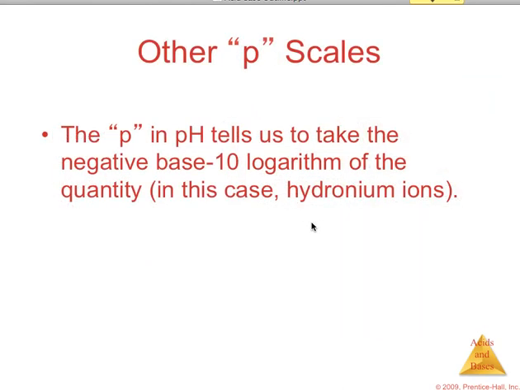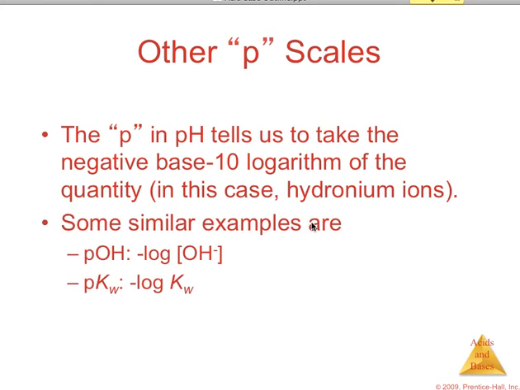The P, that P really just means negative base 10 log of whatever quantity we're talking about. Usually the one that most people are familiar with is pH, but we can use that P, meaning the negative log, for a number of different things. pOH, we can also take a P of a K, of an equilibrium constant, and it is just the negative log of that Kw.